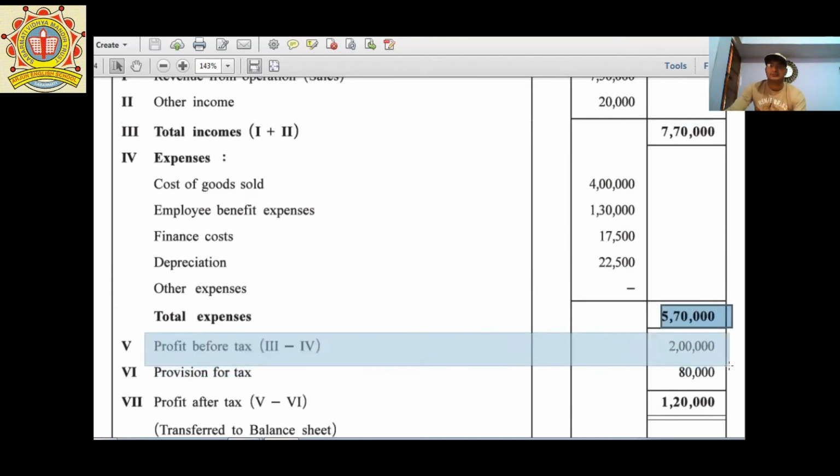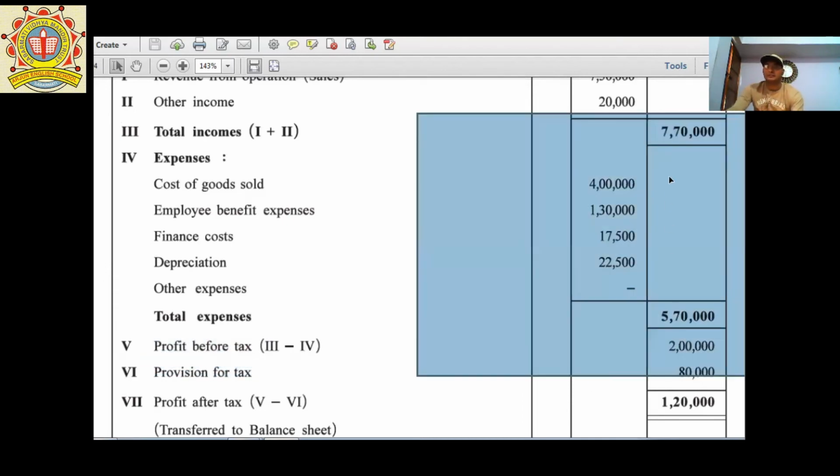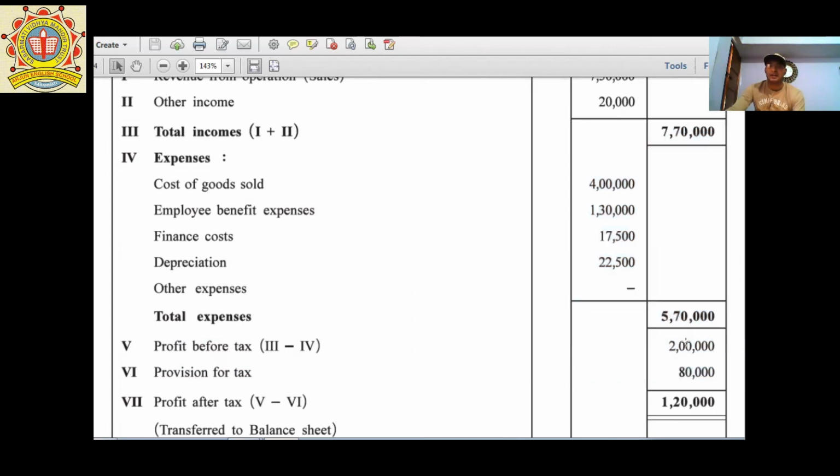It means income minus expense, this 7,70,000 less 5,70,000. So we got 2 lakh rupees. Out of 2 lakh, deduct 80,000 for provision for tax, then we get the profit after tax of 1,20,000. So the final profit is 1,20,000 in the P&L account after deducting all expenses as well as tax.